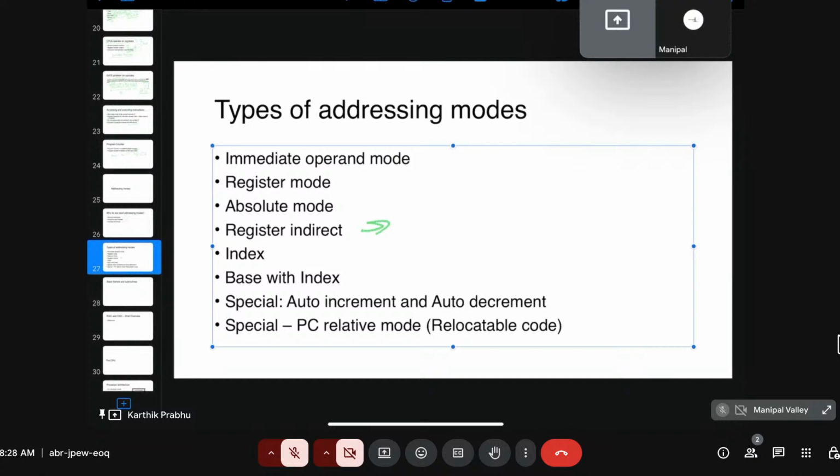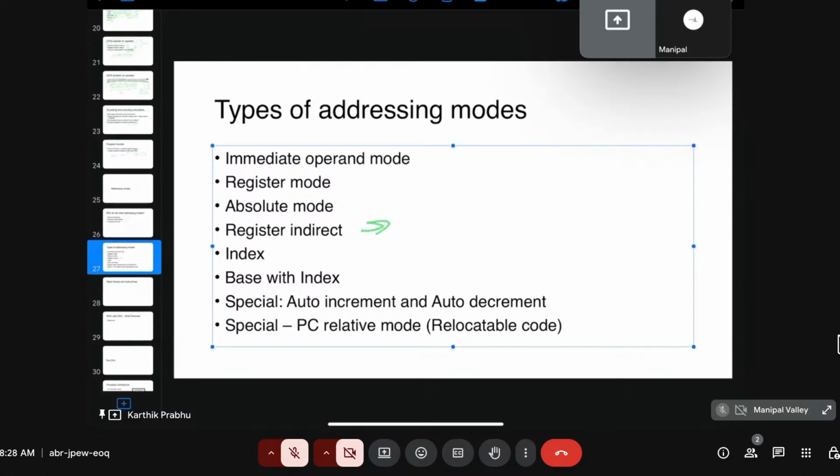But let's say we want to work with that memory address later on. We want to use that memory address to calculate other memory addresses, an effective address. Let's say we have the memory address of the start of the array. We don't want to keep putting the second or third or fourth element. We'll save that memory address, and every time we want to jump in the array, we'll add 4 or some number to that memory address. So that is the idea of register indirect.